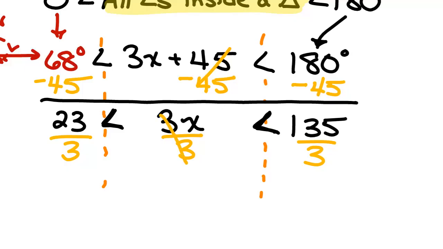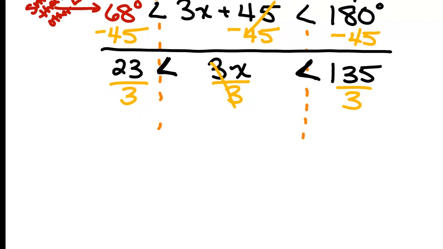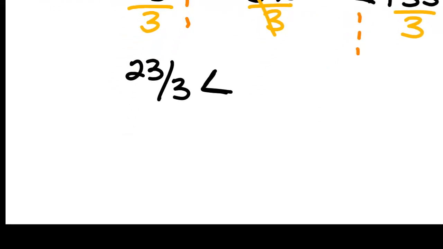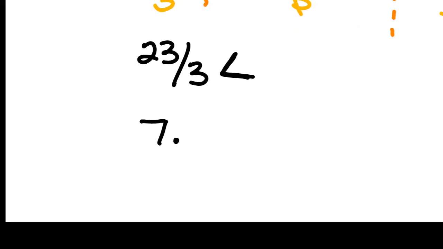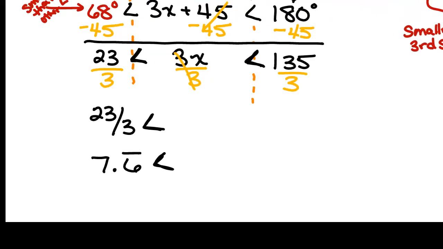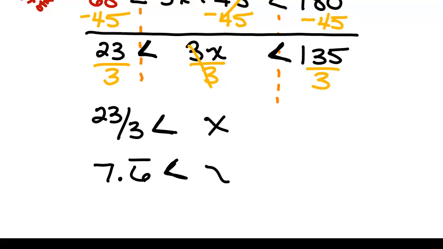If I do 23 divided by 3, does that come out to be a nice, pretty whole number? No. So I can either leave my answer in fraction form. I could have 23 over 3. Or I can change it into its decimal form. Does anybody happen to know what 23 divided by 3 is in its decimal form? Yes, so 7.6 repeating, right? Because it's 666666666 off the screen. All right, bring down that inequality. X goes in the middle. Bring down my other inequality.